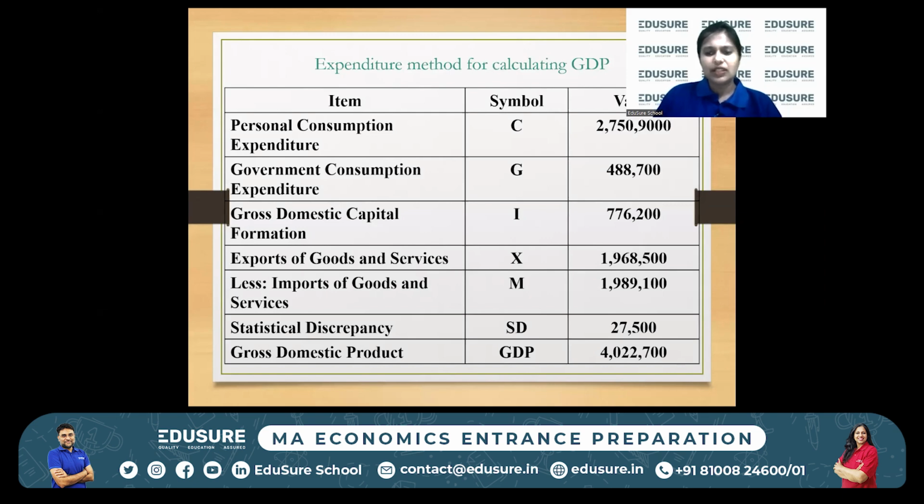These are certain examples of questions that I thought we'd do, but I'll just do it in short. C plus G plus I plus X minus M plus statistical discrepancy will sum up to GDP. You can check that.